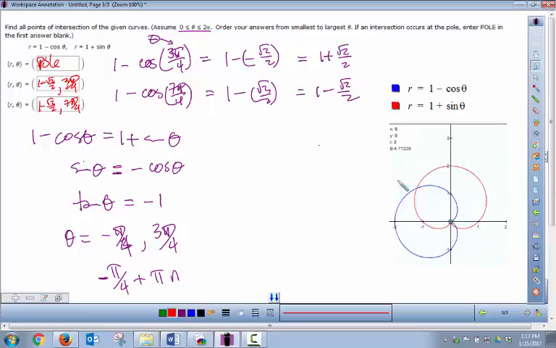And the other place that we didn't find is at 0, when r is 0. And so that is what they would consider a pole, if it intersected there. Okay. Any other questions?